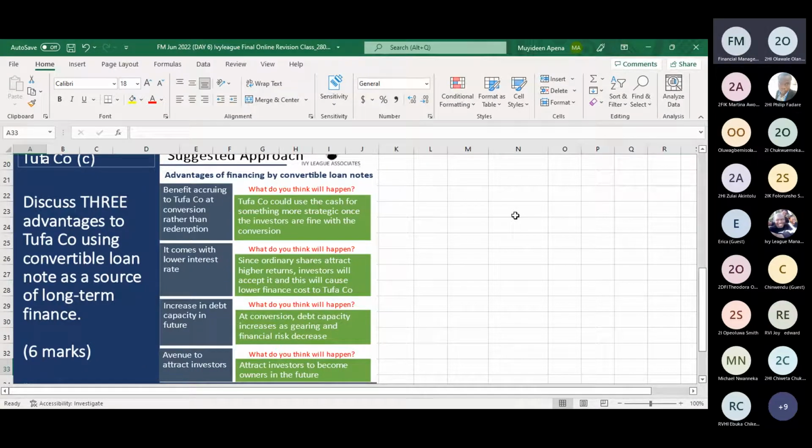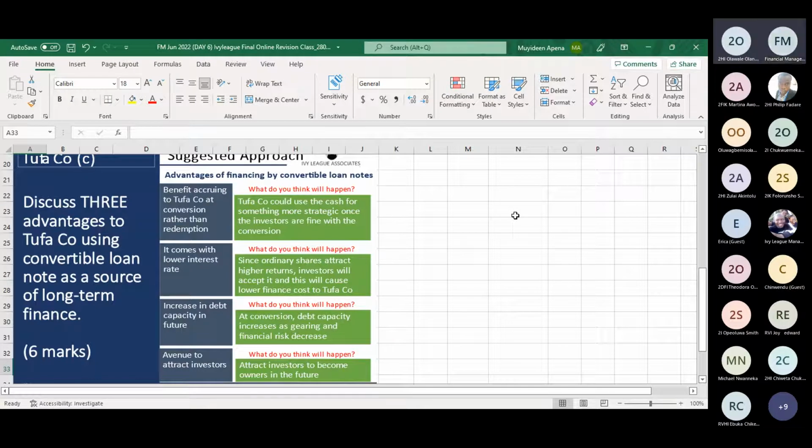TUFACO will use cash for something more strategic once the investors are fine with the conversion. If they are redeeming, TUFACO will have to cough out cash because it has to pay them. But once they decide to convert, TUFACO just needs to issue shares to them. So it will not part with cash, and it could use that cash for something more strategic in that business.